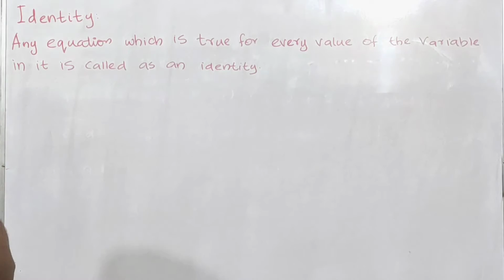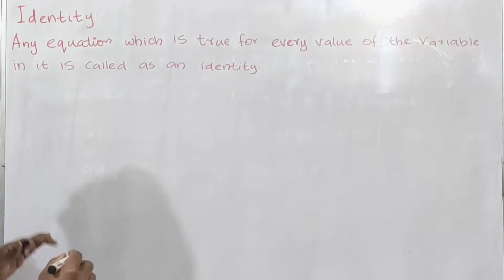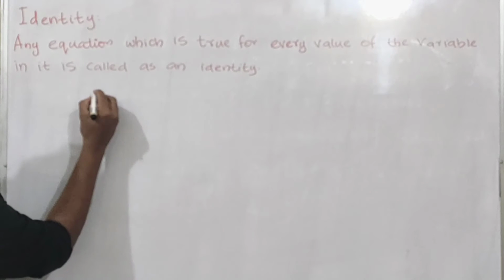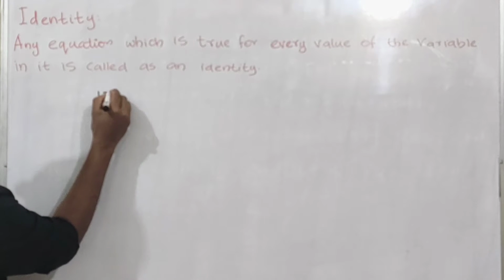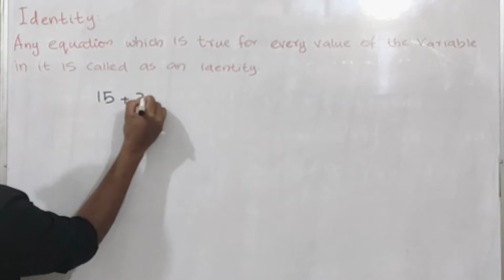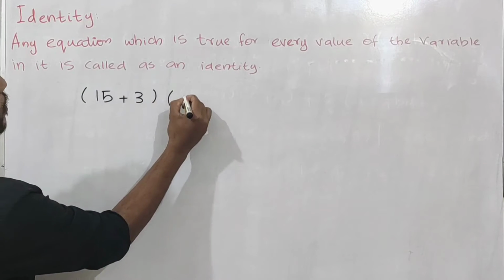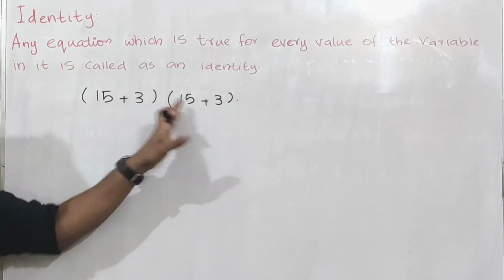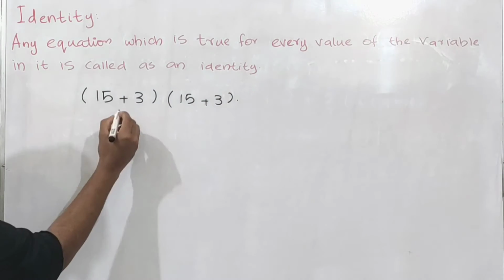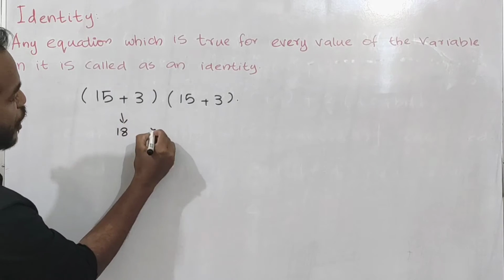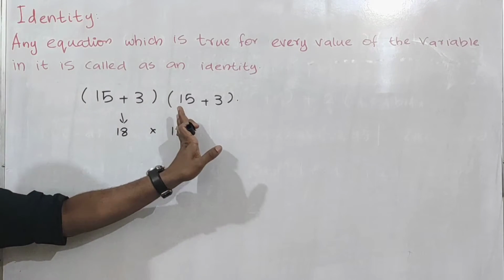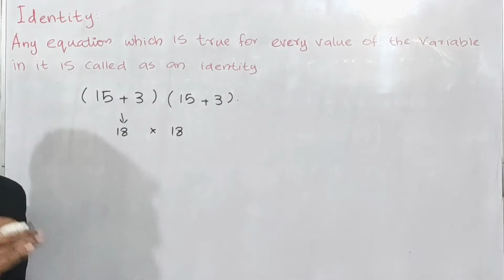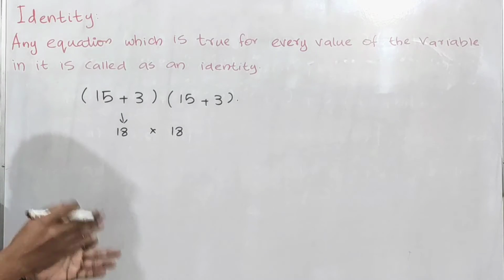For example, with a simple example, if you want to multiply 15 plus 3 and 15 plus 3. Actually, this is 18 into 18. We can split them as 15 plus 3 or 10 plus 8 or 12 plus 6.